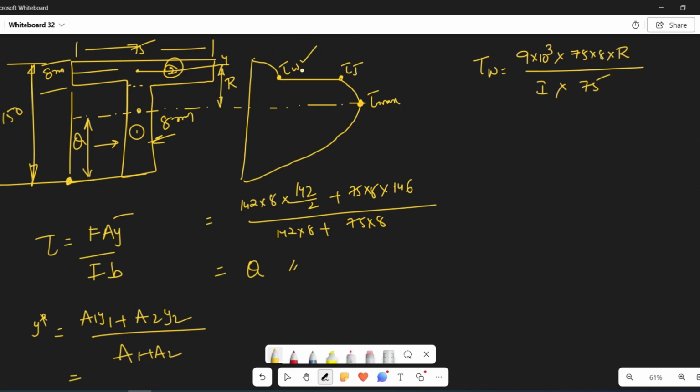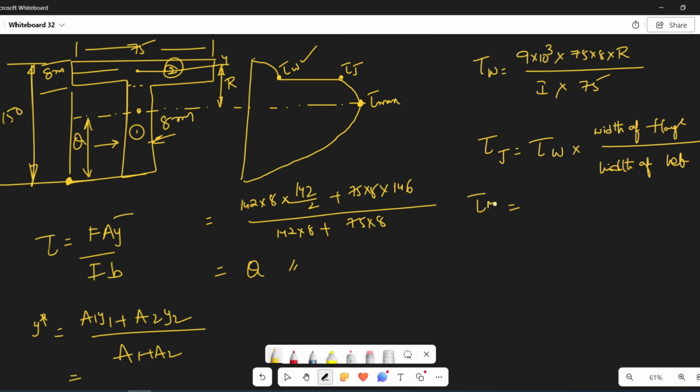It will give you the shear stress in the web section. Now the shear stress at the juncture will be given by the shear stress in the web section multiplied by the width of the web section divided by the width of flange. Once you know this value, substitute it here.